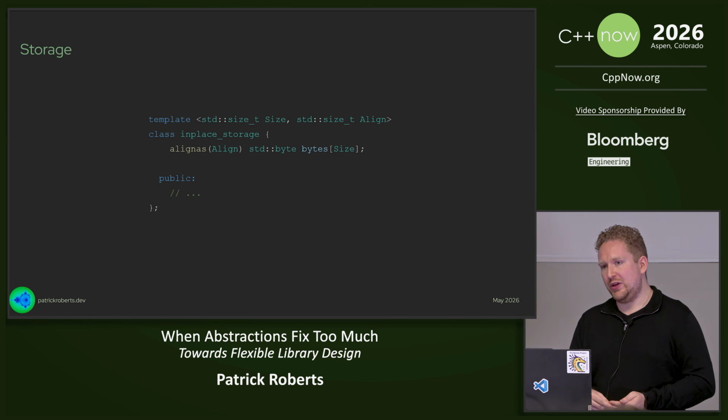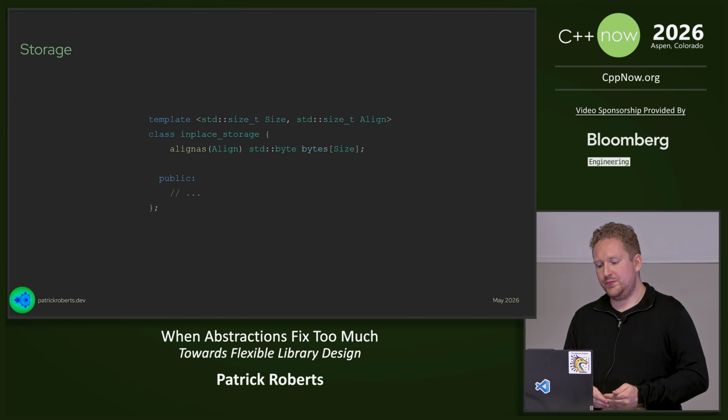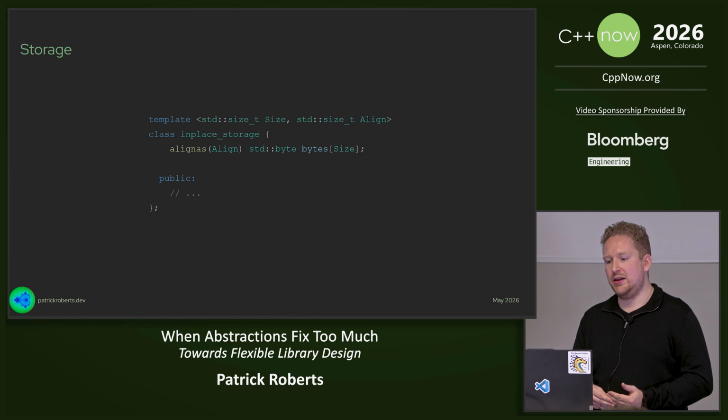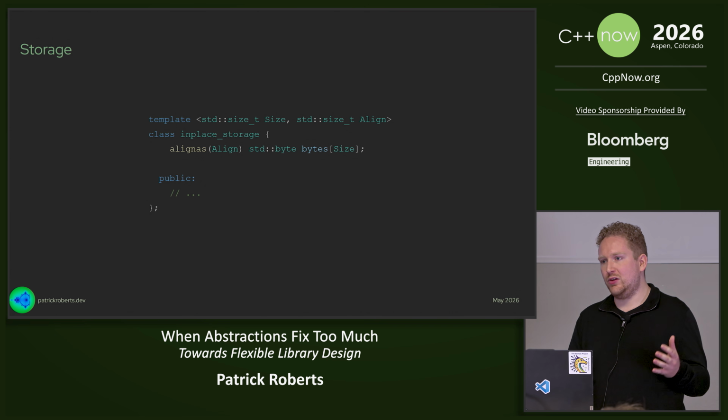Okay, another example, in-place storage. This is not a fully generalized storage policy. This is a constrained one. It can only erase concrete types that satisfy the size and alignment requirements specified by the template parameters here. And this is the trade-off I was mentioning earlier: you might want to have full generalized support, but this is not capable of that.